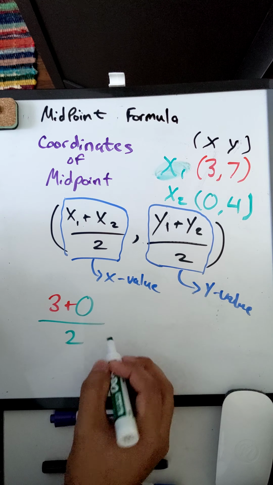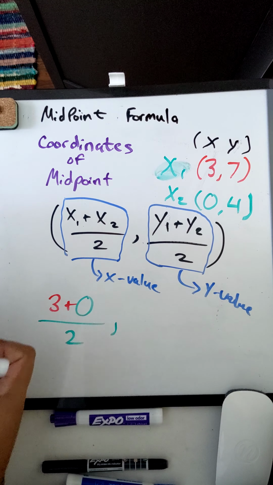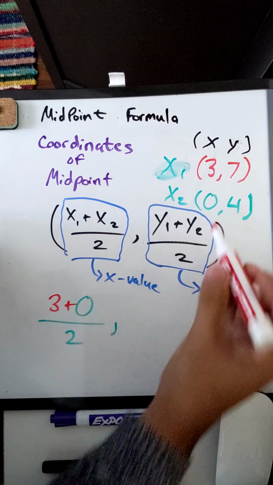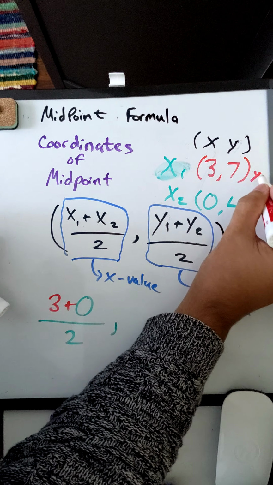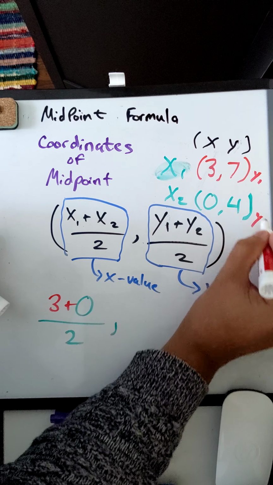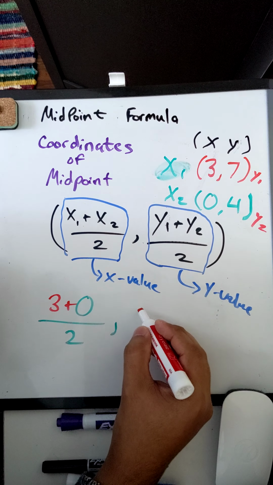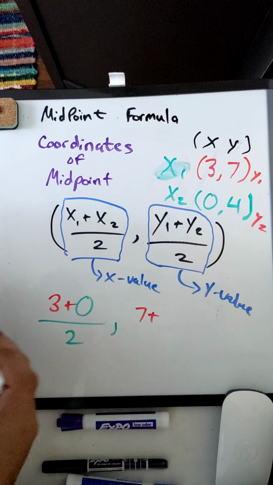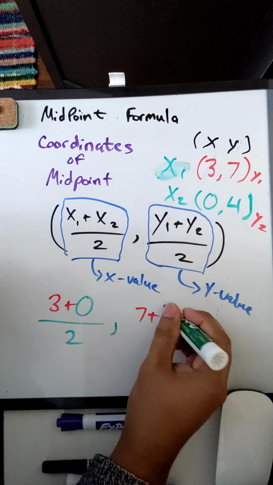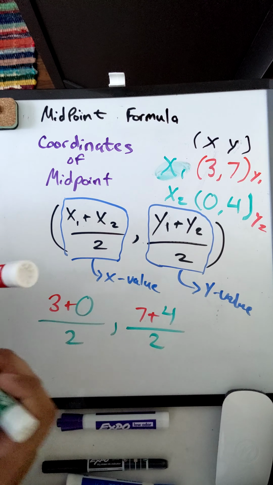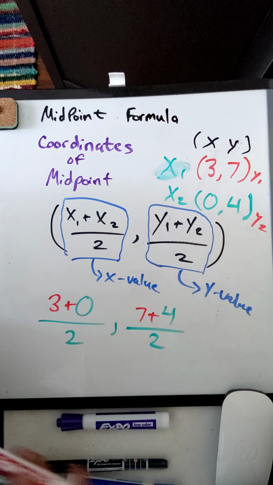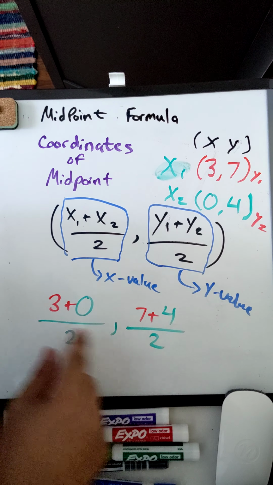Put that all over 2. Comma, and then we're going to do the same thing. So this one I'll make my y1, and this is going to be y2. So this one's going to be 7 plus 4 over 2.